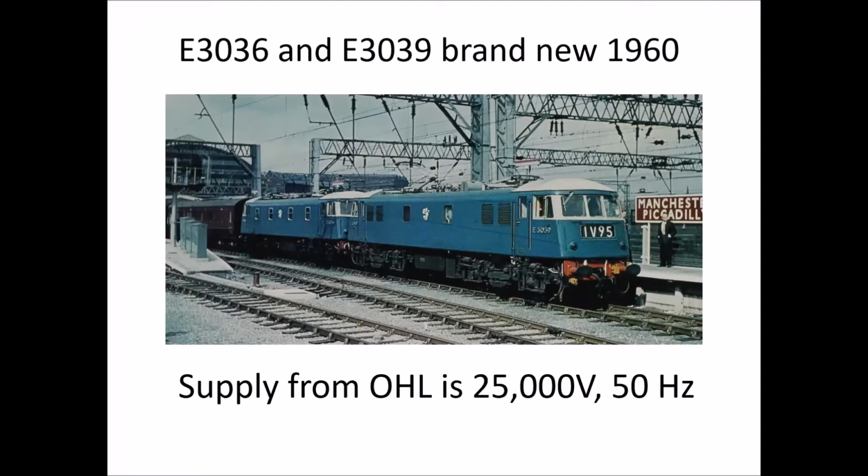They used mercury arc rectifiers, which are a pool of mercury in the bottom of a tank. You can imagine when a loco is bucking and weaving around at high speed, the mercury slops all over the place. And if it slops too much, it causes a short circuit with an almighty bang, which puts the thing out of commission. So the GEC locos were no good. They kept packing up.